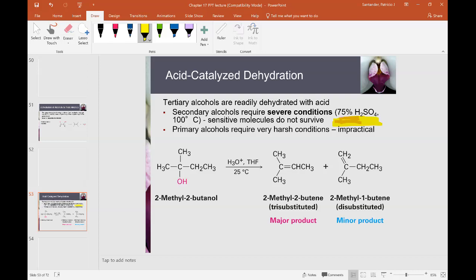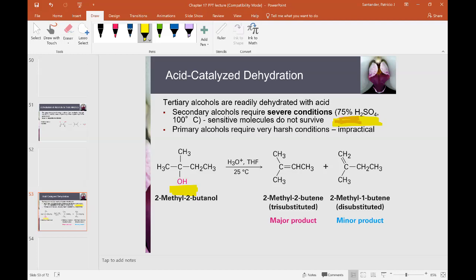So there you will have a protonation of the tertiary alcohol, and then you will have a departure of the water molecule, and then depending on the structure of the tertiary alcohol that you started with, you can have a satisfaction of Zaitsev's rule, and you can get formation of the most highly substituted alkene.